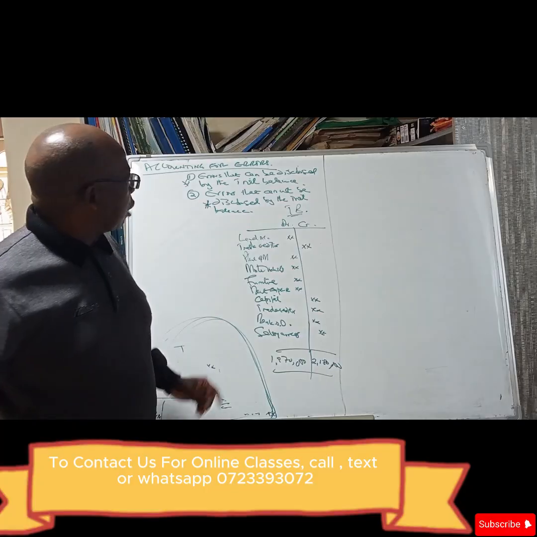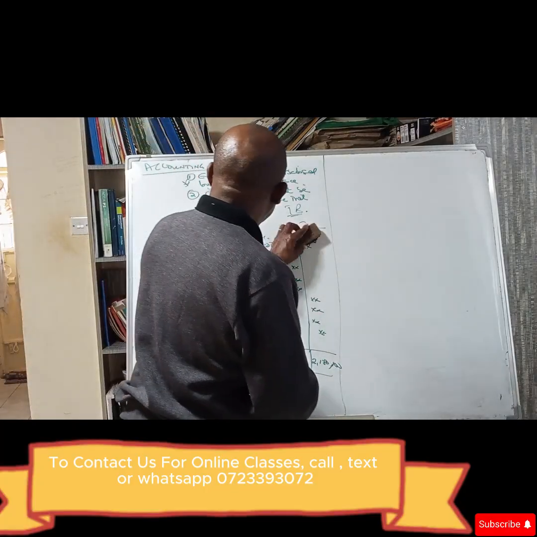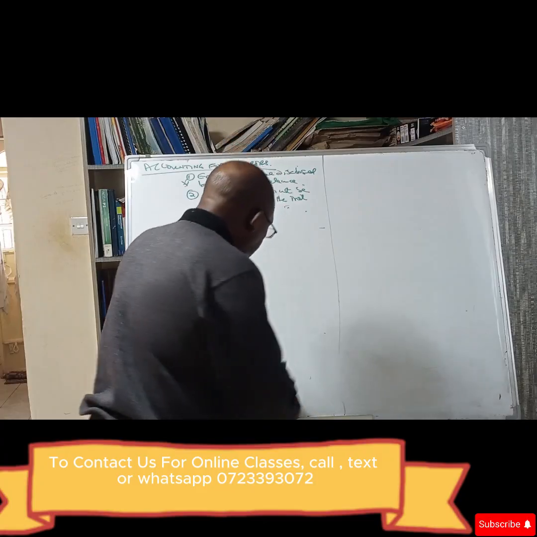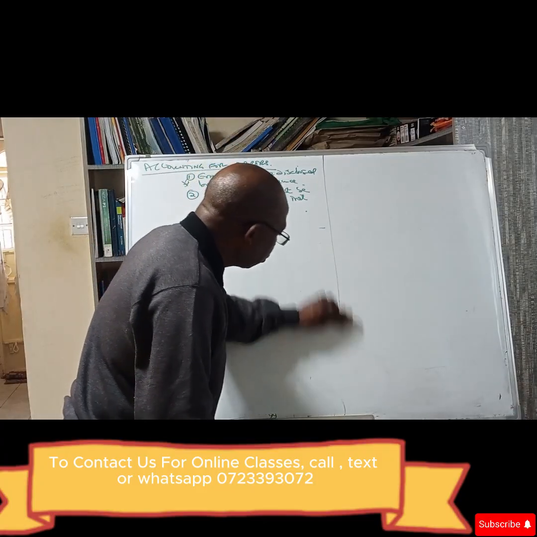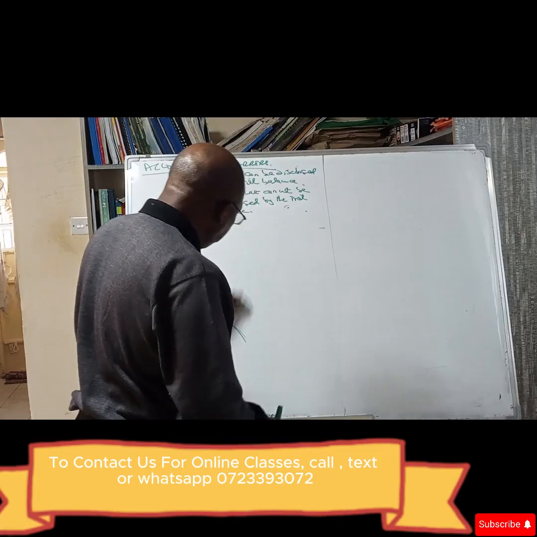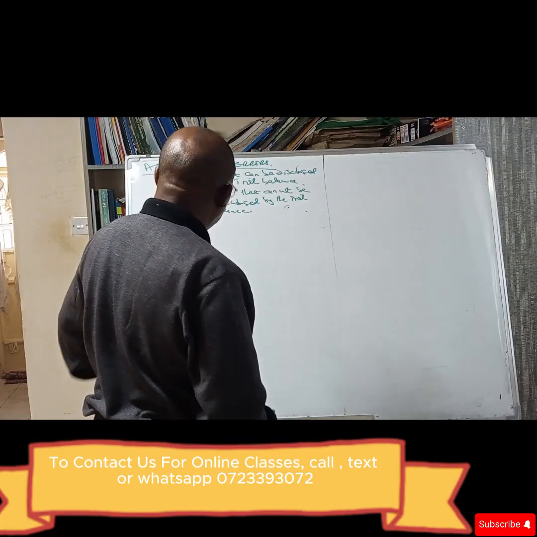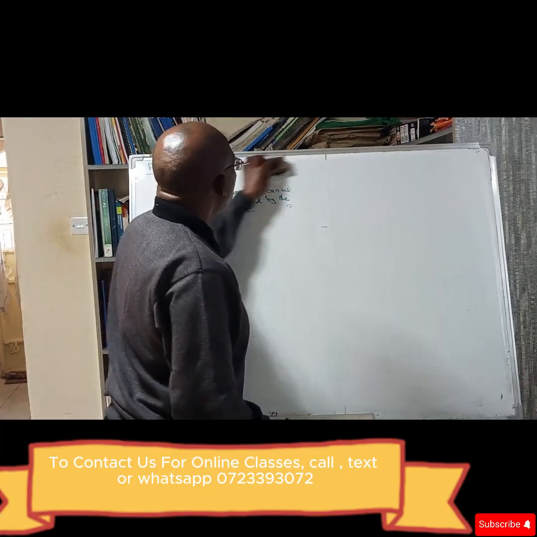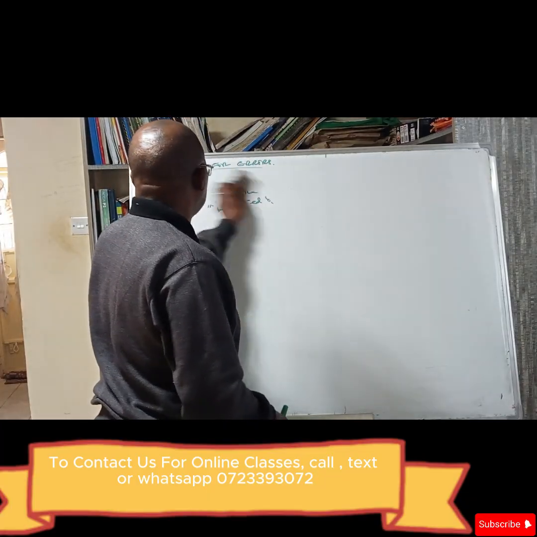Now, we will start with errors which cannot be disclosed. In other words, once you prepare your trial balance, the trial balance will balance, but although it is balancing, we still have errors.